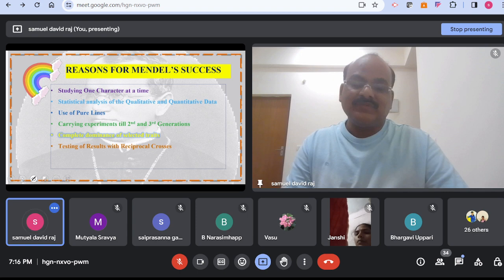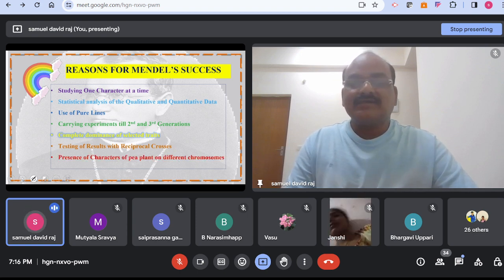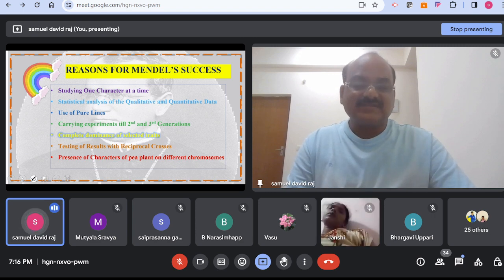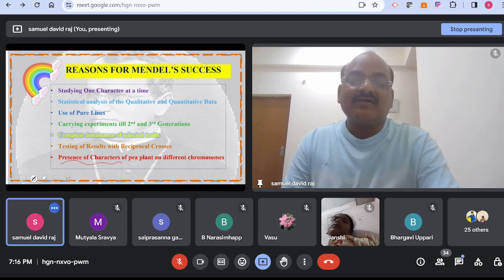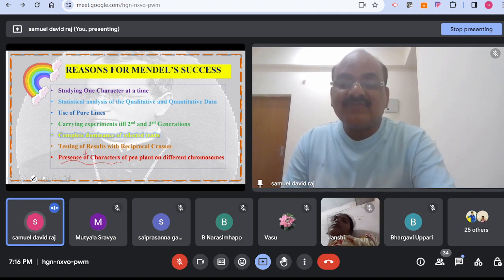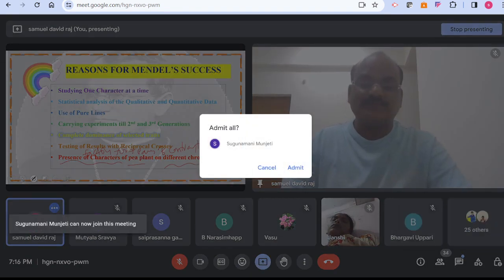Above all, the most important and the final reason for Mendel's success is the presence of factors for seven pairs of contrasting characters of the pea plant on different chromosomes.